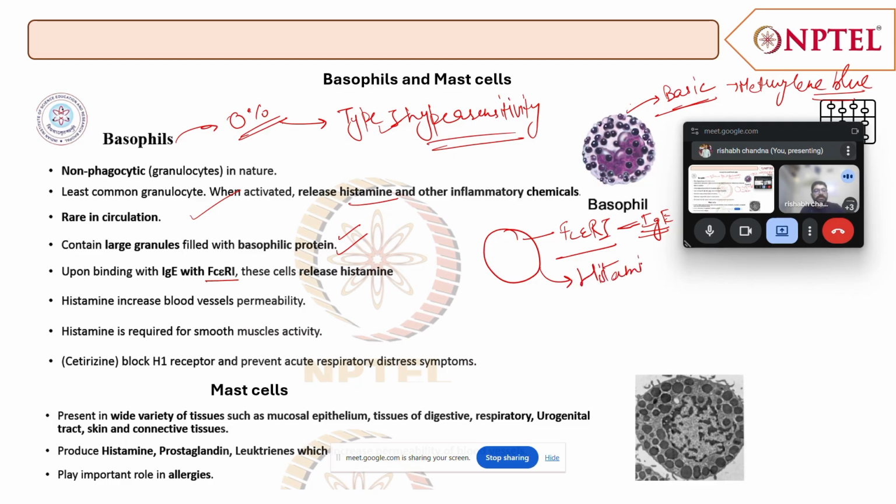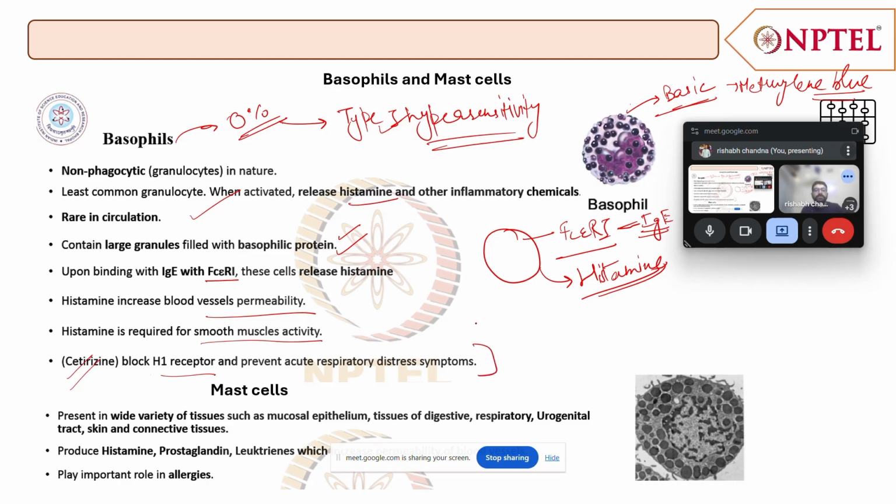So histamine helps in inflammation. Histamine basically increases blood vessel permeability and it requires smooth muscle activity. There is a drug called cetirizine that is basically anti-allergic. It blocks the H1 receptor and prevents acute respiratory distress syndrome.